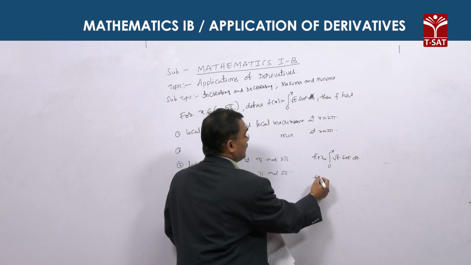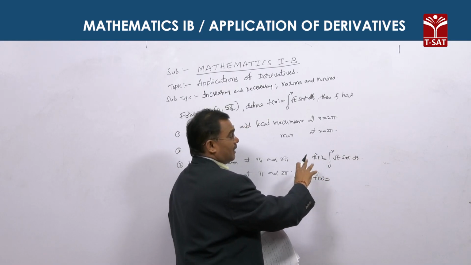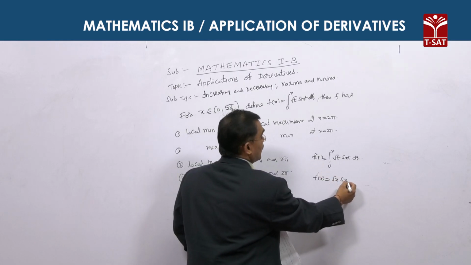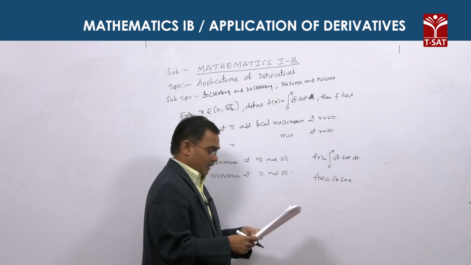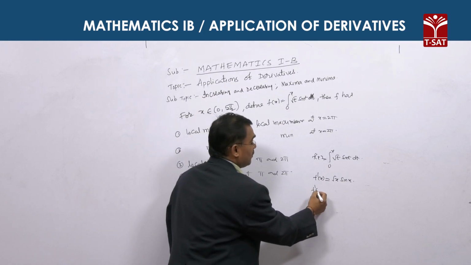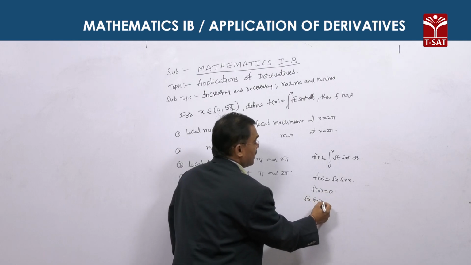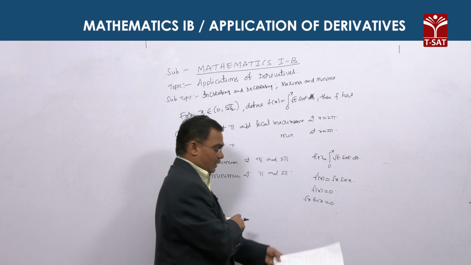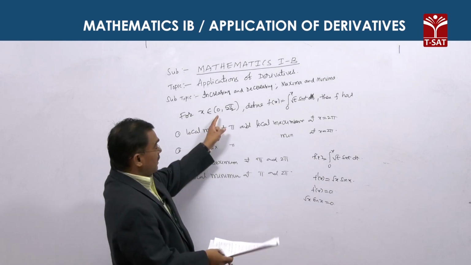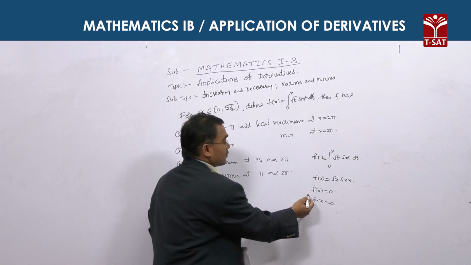By the fundamental theorem, integration and differentiation are inverse operations, so f'(x) = √x sin x. For maxima or minima, f'(x) = 0, so √x sin x = 0. The given interval is open (0, 5π/2), so x is not equal to 0.